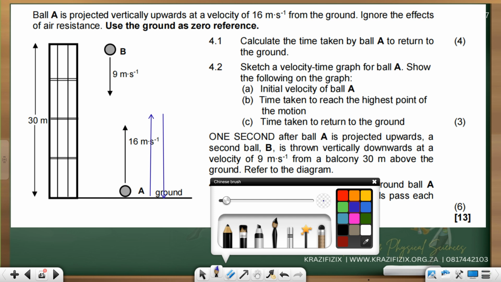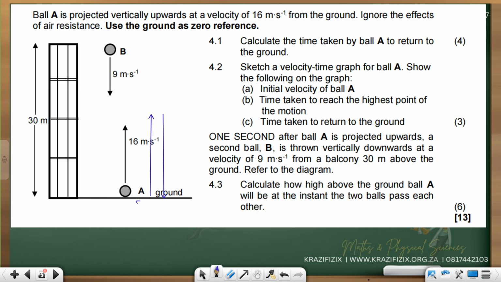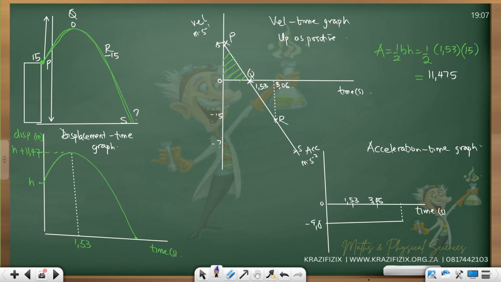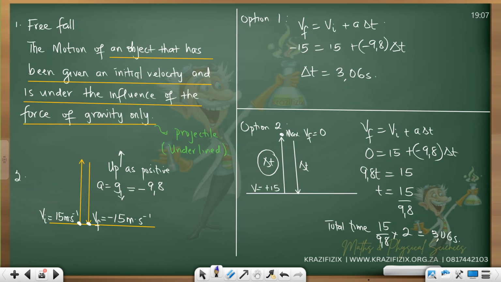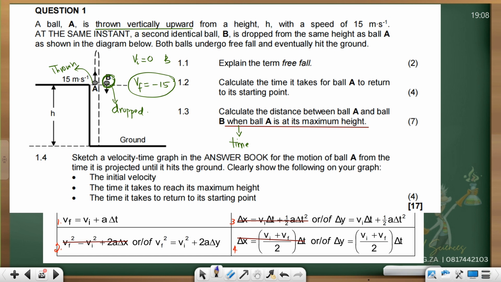You must know. Here is our starting point, and that's our stop. So that's going to be our initial. Choose your direction. Know which A you are using. Are you using positive or negative? Because you chose upward as positive. All right, quickly. Here's the formula page. Let's get it done quickly. I won't spoon feed you. That's the formula page.